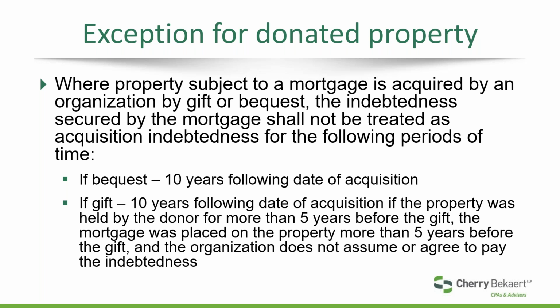So for that to work, the donor in contributing the indebted property would have to continue to pay that mortgage, and the charity would not be able to assume that as part of the gift and pay it. If they did, then the acquisition indebtedness rules would apply. And if there was income generated from the property, if there was not another exception that would be met, then it would be UBTI.